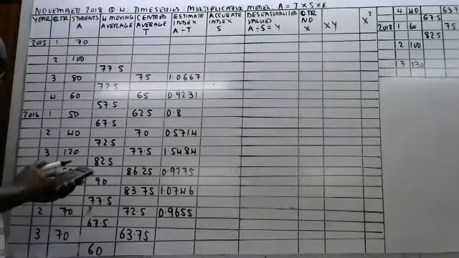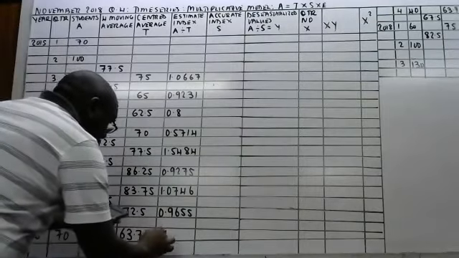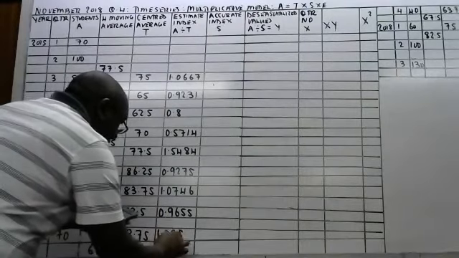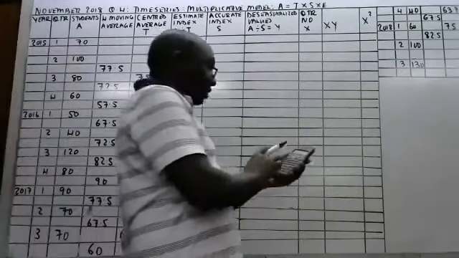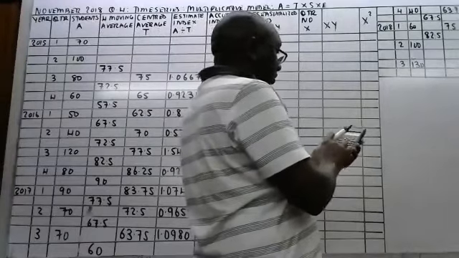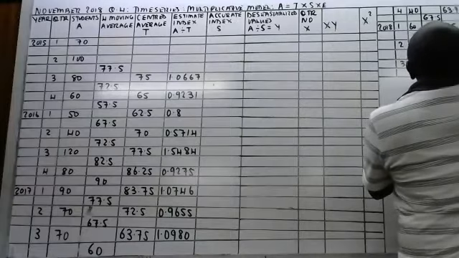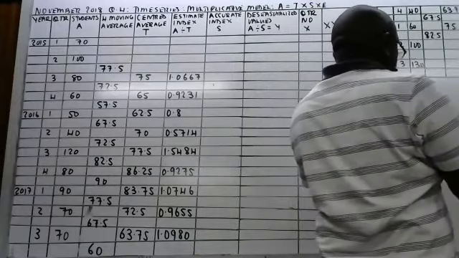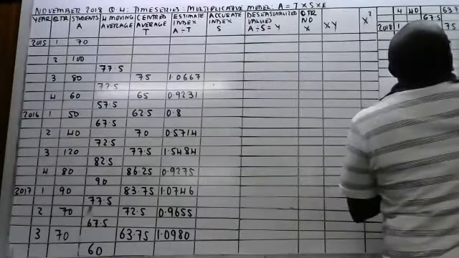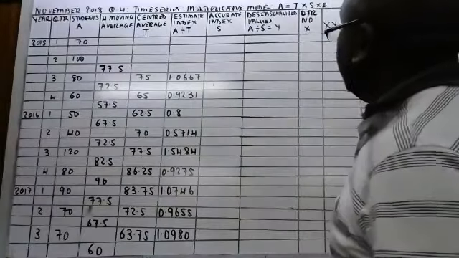70 divided by 63.75 is 1.0980. And then 40 divided by 63.75 is 0.6275. 60 divided by 75 is 0.80. 1.54.